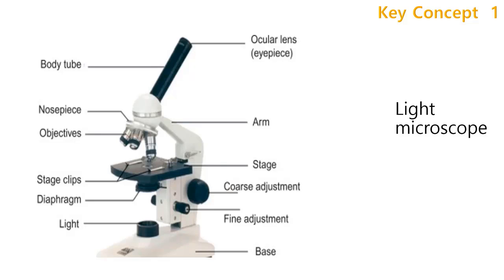Even though microscopes can look very different, they all use the same principles to magnify an object and have the same basic parts. So you can see from the slide that this light microscope has many different parts, such as the arm, the stage, clips, coarse adjustment, the fine adjustment, and the ocular lens. Now, the primary magnification lenses are the objective lenses, and you can see here we have 3 of those.